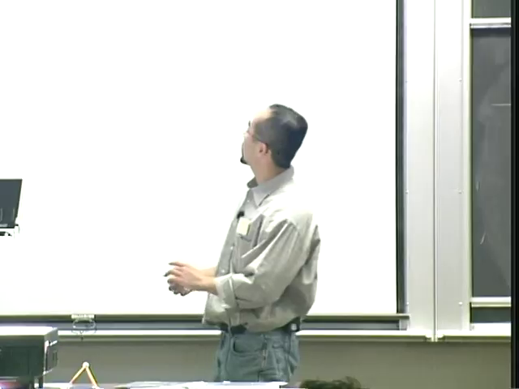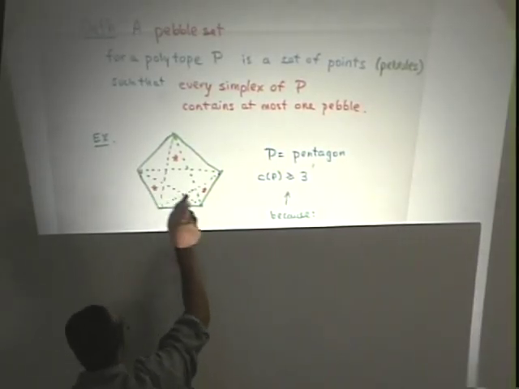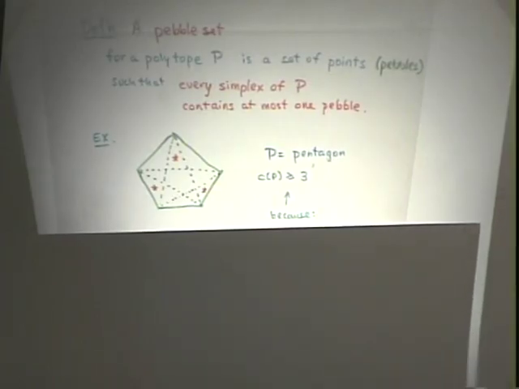So for instance, for this pentagon, you can check that any simplex in the pentagon will contain at most one of these red stars. Okay? So a little challenge to you is to place as many pebbles as you can in this polytope. This is the hexagon.